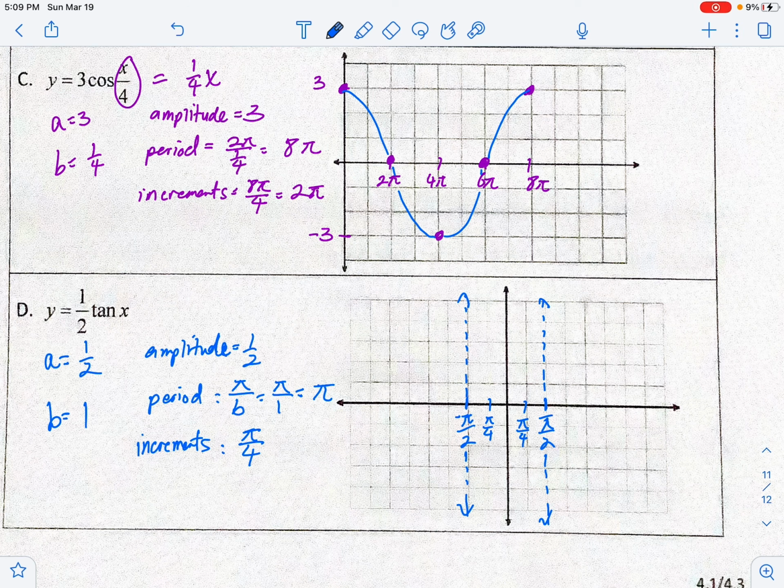I'm actually going to plot only 3 points this time. The first point will be at the origin, and then my other 2 will be based on the amplitude. Now, since my amplitude is 1/2, I'm going to go 1 to the right, but I'm not going to go up to 1. I'm only going to go up to 1/2. So you can think of that as your maximum point.